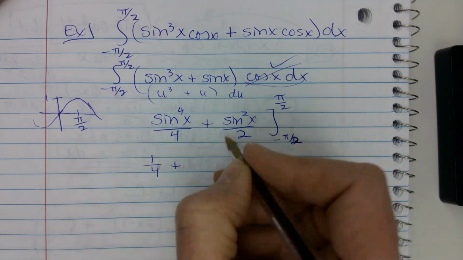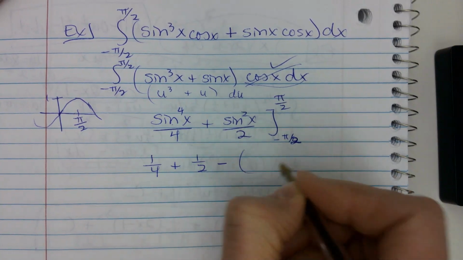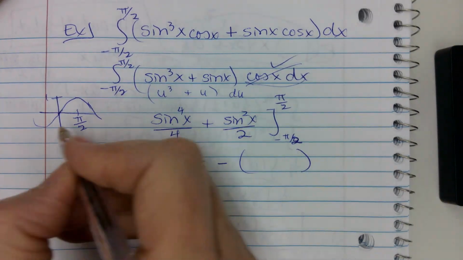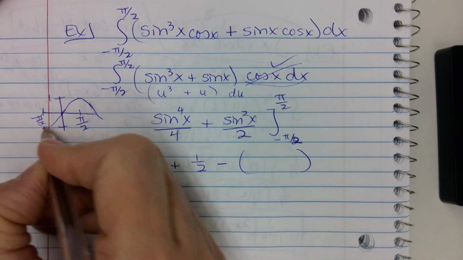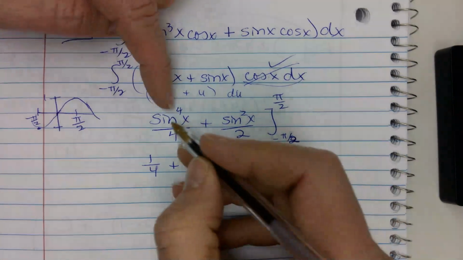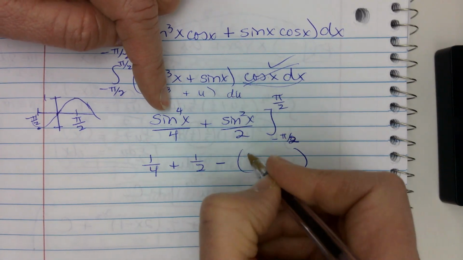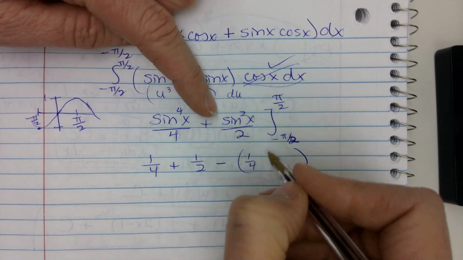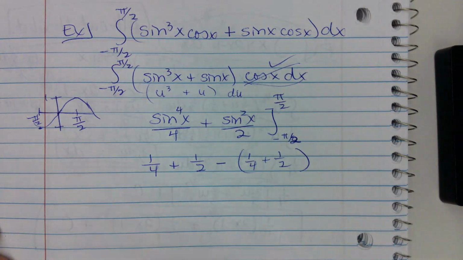Plus 1/2 1 squared is also 1. Then we're going to subtract. Negative pi over 2 is just a y value of negative 1, right? But negative 1 to the 4th is 1, so 0. Good job.